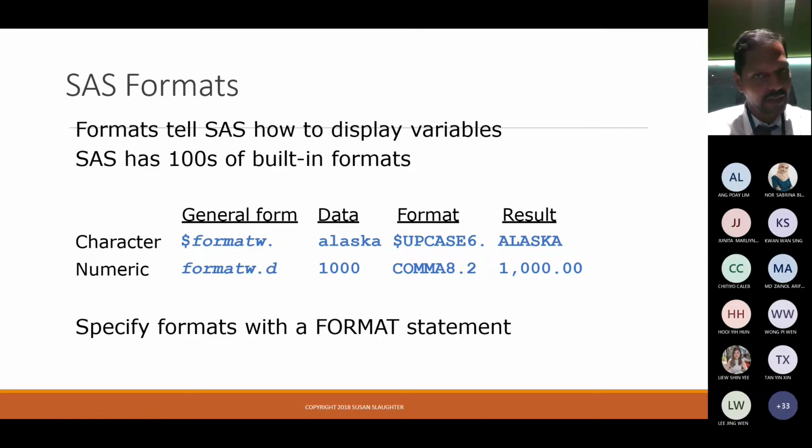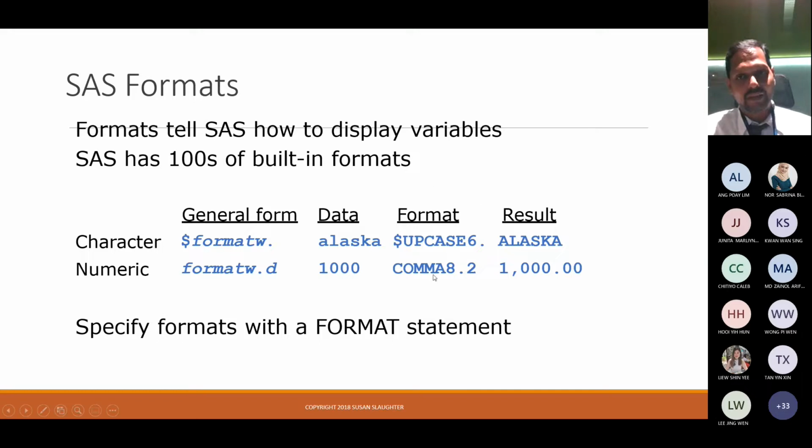Now for numeric, the format is w.d. For character, we start with $. For numeric, we end with d, decimal, .d. Data is 1000. The format we are using is COMMA8.2. So what are we getting here?